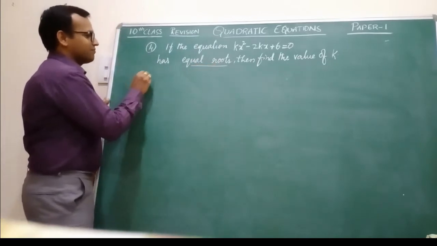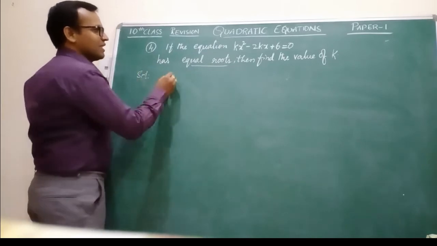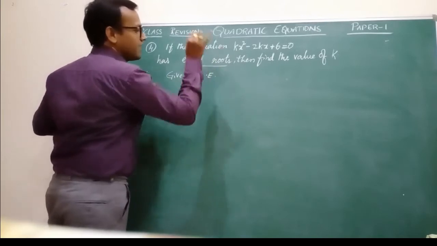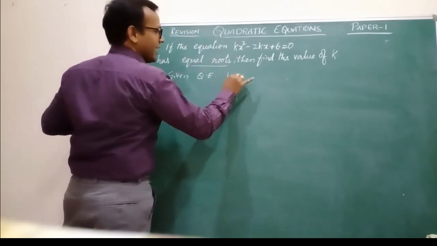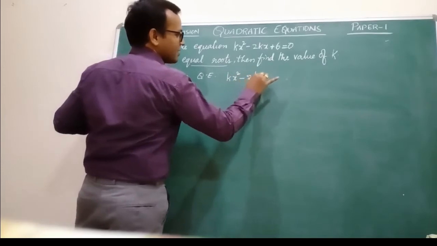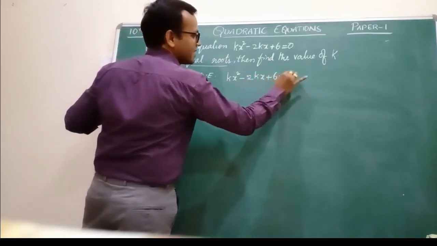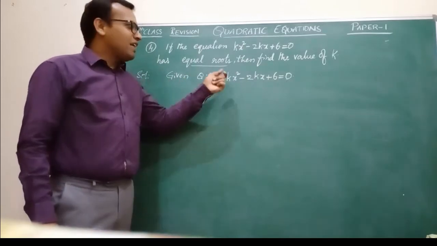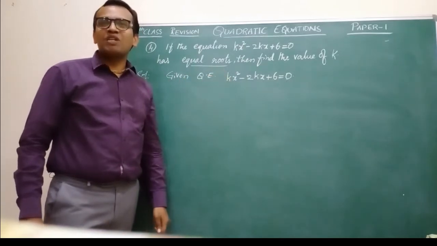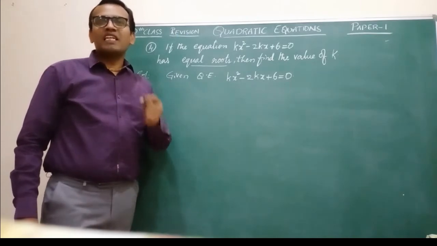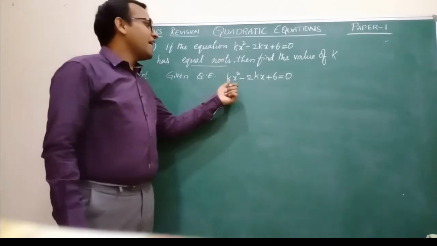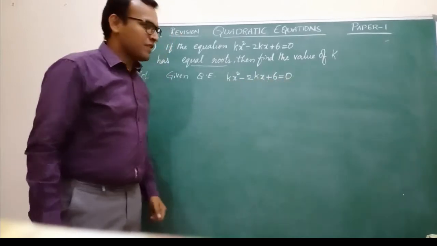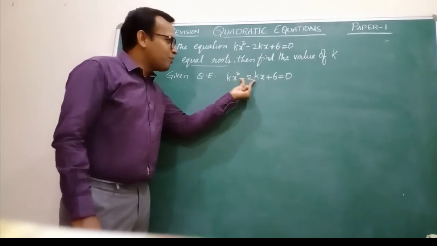Solution. So what do we write in the beginning? Given quadratic equation kx square minus 2kx plus 6 is equal to 0. As I already told you, we have to compare the given quadratic equation with the general quadratic equation formula, that is ax square plus bx plus c is equal to 0. So what is there in place of a, b and c?